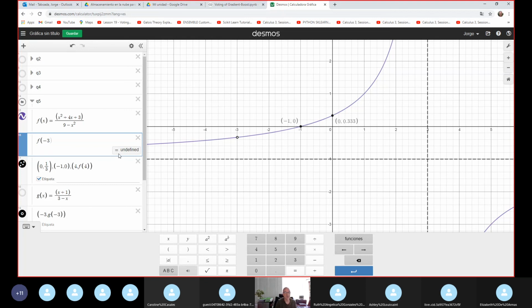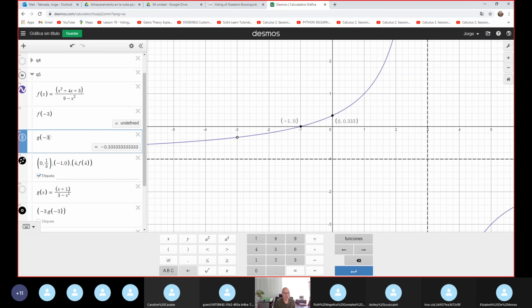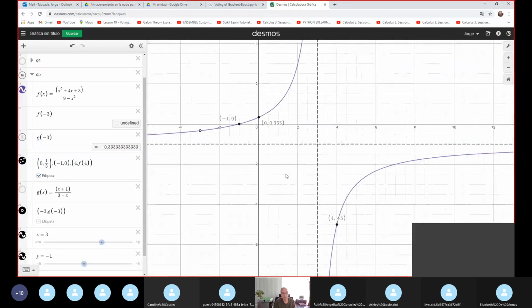Look at what the answer is: undefined. The reason is clear, because it's a hole. However, I can evaluate in g. g evaluated at -3 is not undefined, it is -0.33, one third. Therefore, I use g to find the location of the hole. Make sense or no? More clear now?